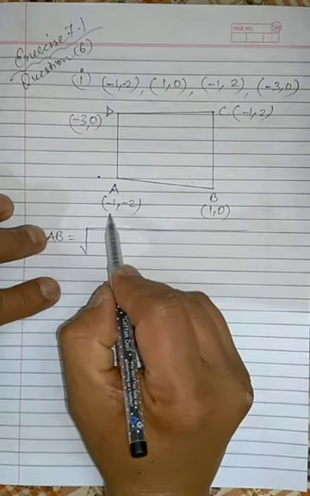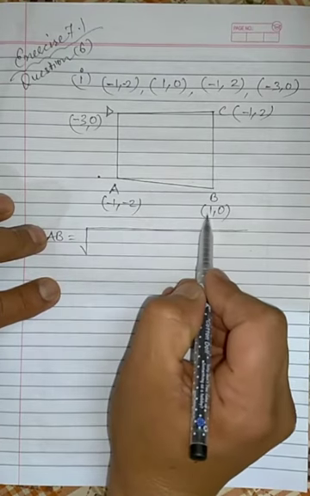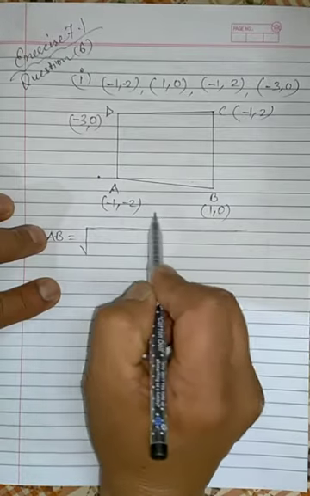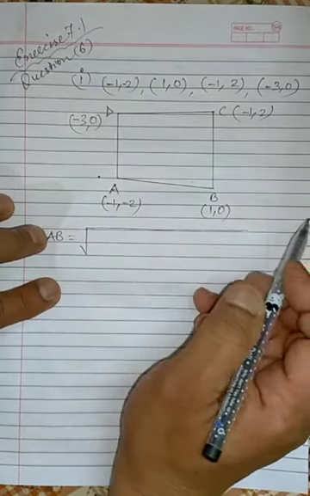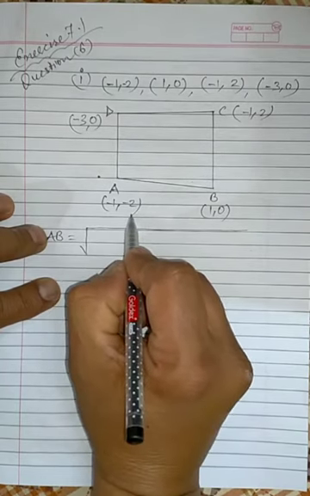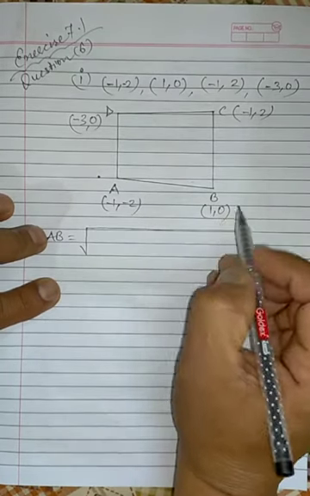Considering this one as (x1, y1) and this one as (x2, y2), or the other way round, your choice, because the answer will not change.